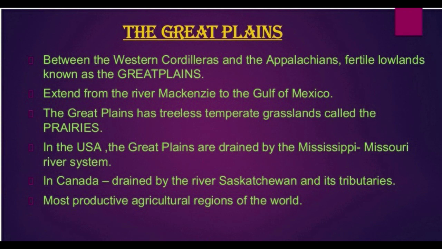The prairies are located almost in the center of the Great Plains. Next, in the USA, the Great Plains are drained by the Mississippi and Missouri river system. And in Canada, they are drained by the river Saskatchewan and its tributaries.